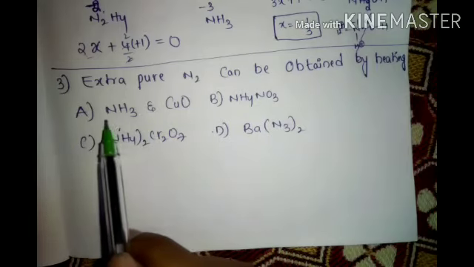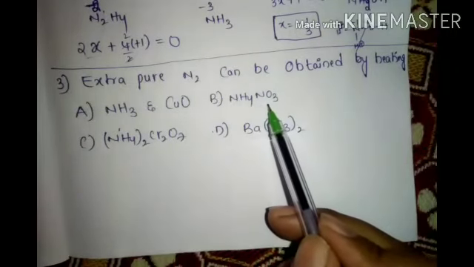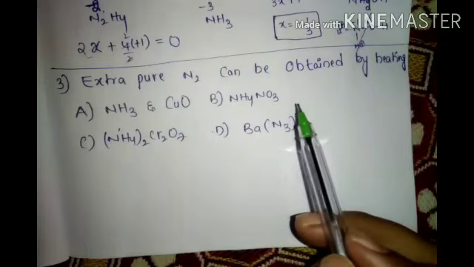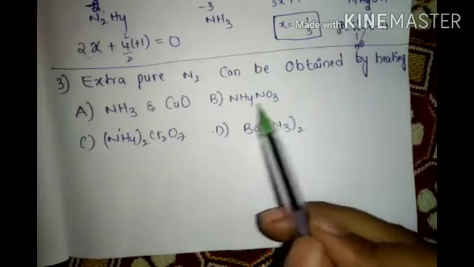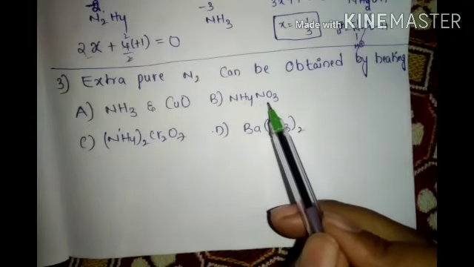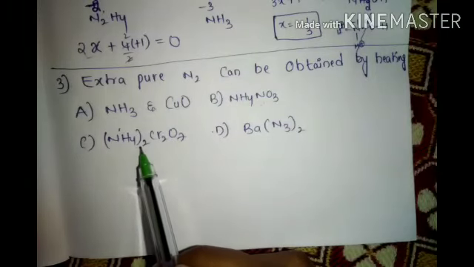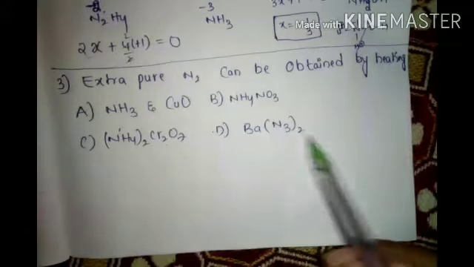HO, Cu and N2. Here also it won't come. And here N2 will come. Remaining H2O will come. Some amount of NO also will come here. N2 and NO both will come here. Here lot of impure compounds will come. And here, yes, possibilities are there.